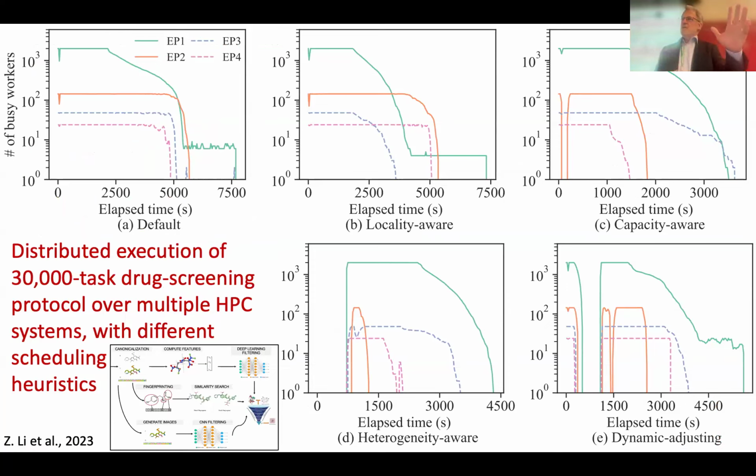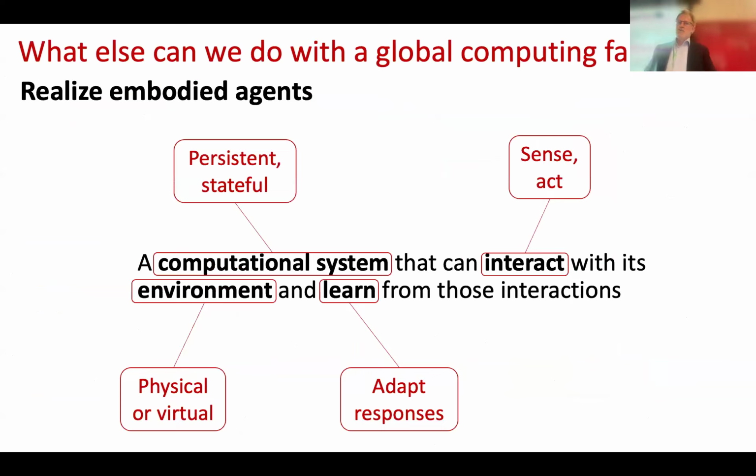Of course, there's lots of smarts that go into making these algorithms work well, but having the underlying substrate that allows you to perform actions remotely, reliably, securely, efficiently, allows a lot of experiments that were previously perhaps not so feasible. But what else can we do with such a global computing fabric?